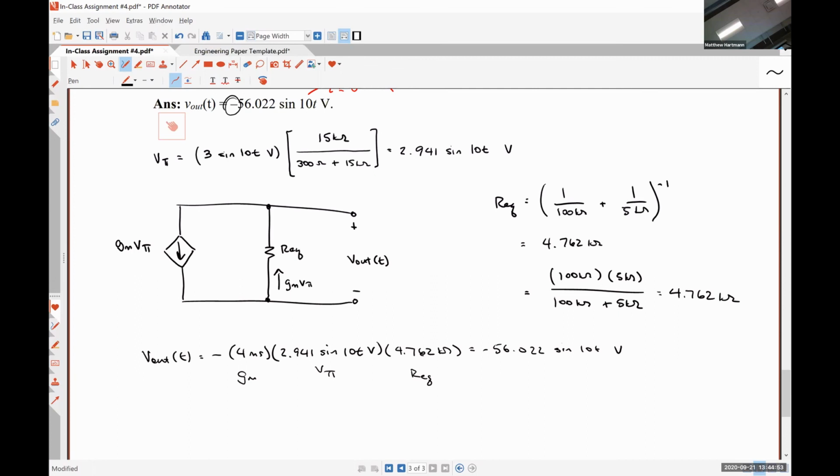Homework 3, problem 2. Alrighty, let's see. So this is the problem you want to look at, just to be clear?